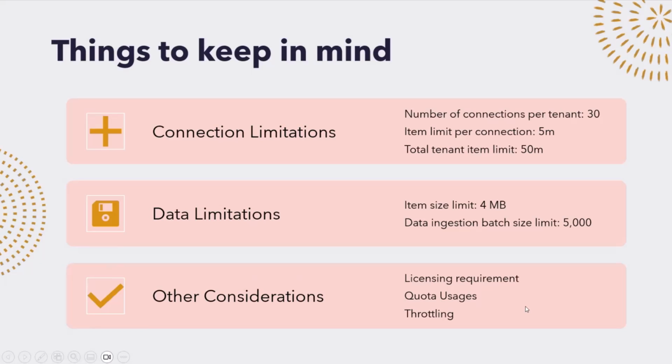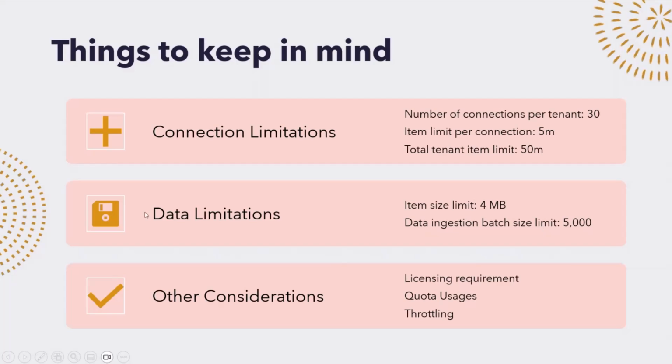Things to keep in mind when building custom connectors: there are some limitations. There are 30 connections you can build. There are item-level limits: 5 million items per connection, and a total tenant limit of 50 million items. So it's good to explore those options, but keep some limitations in mind.